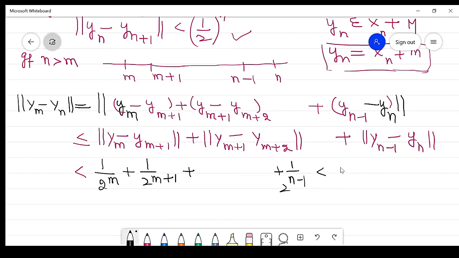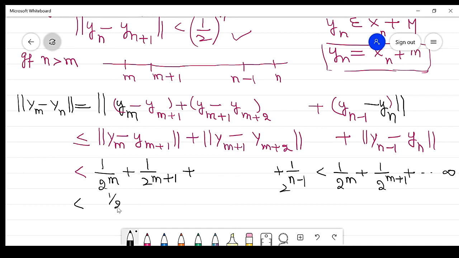So this can be written as 1 by 2 raised to power m, plus 1 by 2 raised to power m plus 1, plus so on up to infinity. So this is less than... here in the GP series, the first term is 1 by 2 raised to power m and the common ratio is 1 by 2.